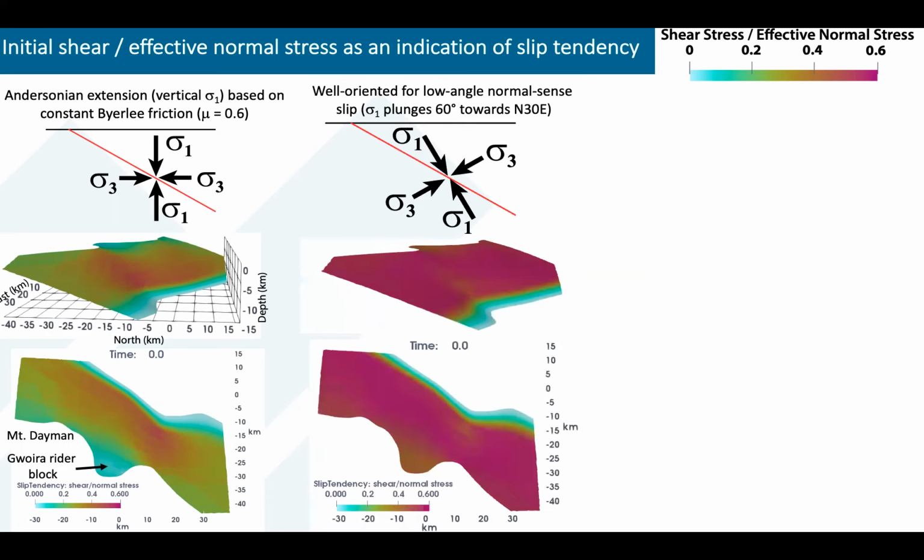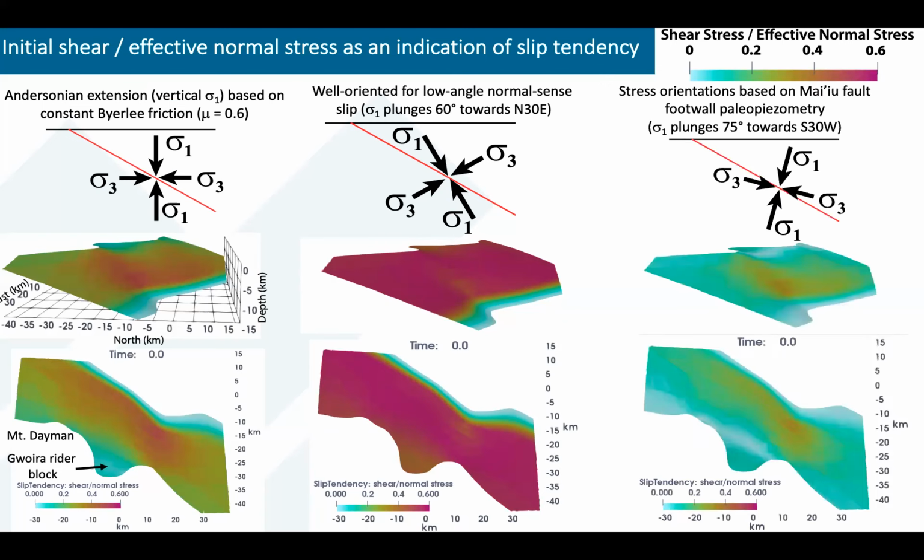In the second case, we're now looking at the well-oriented stresses. So now we let sigma 1 be rotated to dip, or climb, to 60 degrees towards the north, essentially, which lines it up better for slip on a low angle normal fault than when it's vertical. And on the same color scale, we fully saturate. This fault appears to be really well primed to slip.